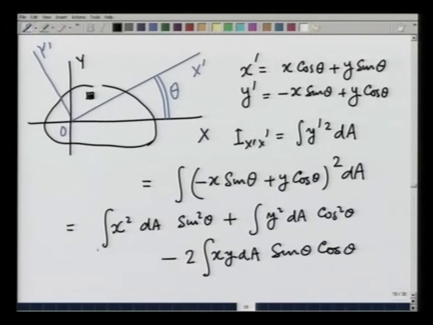But integral x square dA is nothing but I y y, integral y square dA is nothing but I x x, and integral x y dA is nothing but I x y.